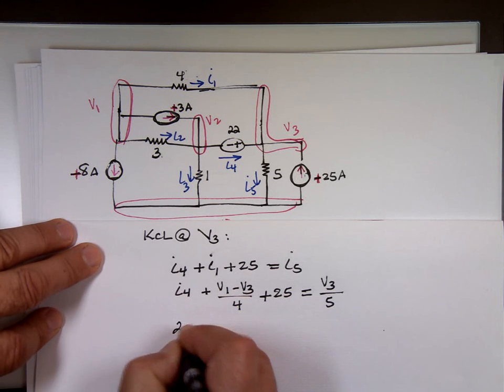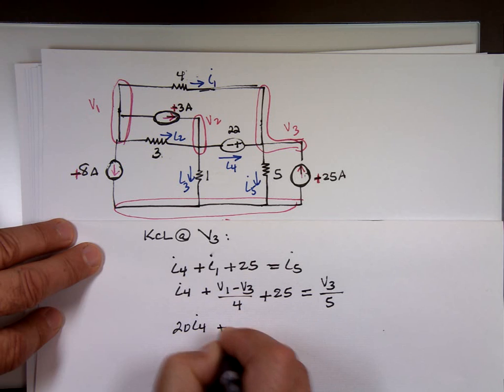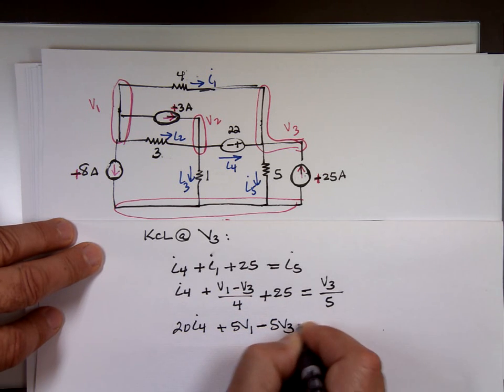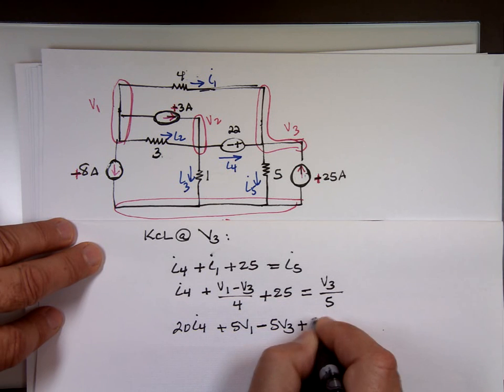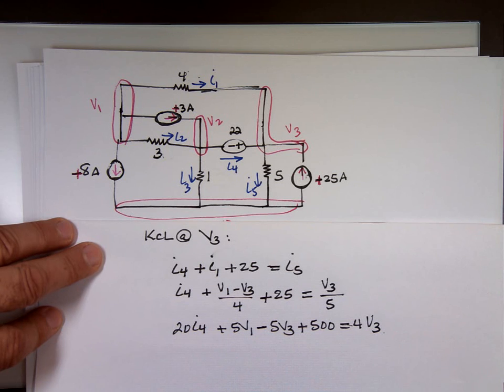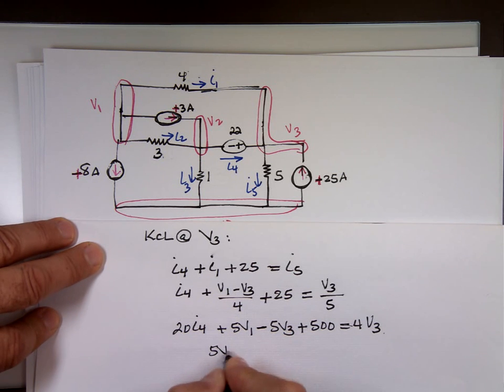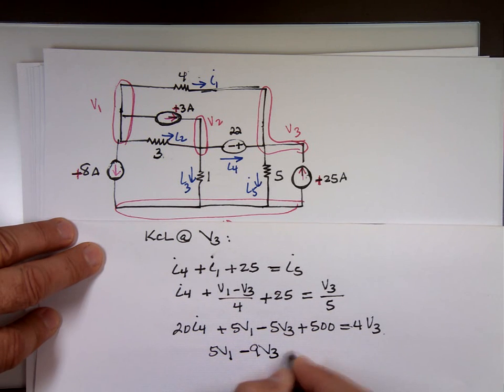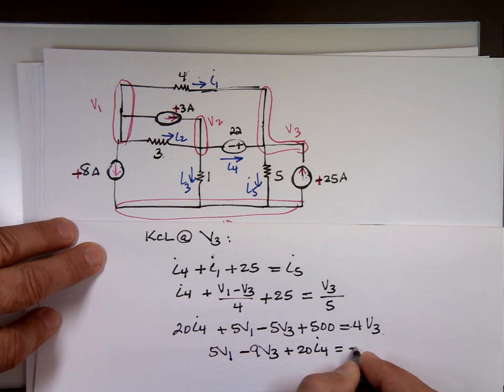I sub 4 plus 5V1 minus 5V3 plus 500, I think, equals 4V3. 5V1, there's no V2 here, minus 9V3 plus 20I sub 4 equals negative 500.